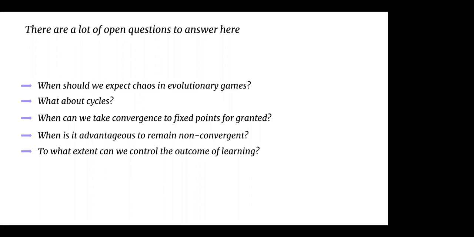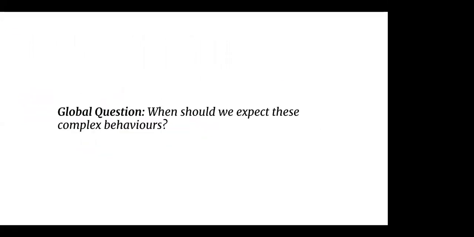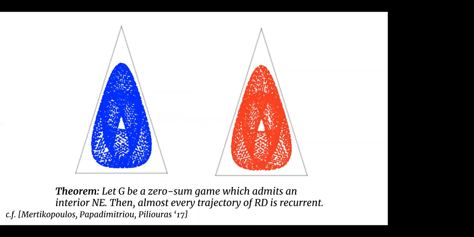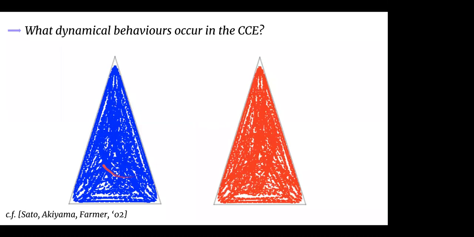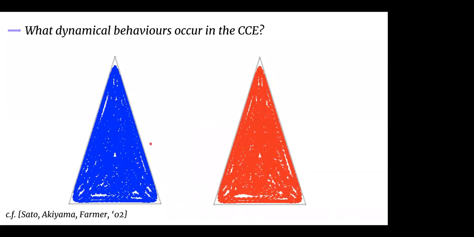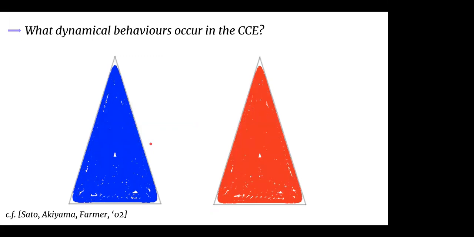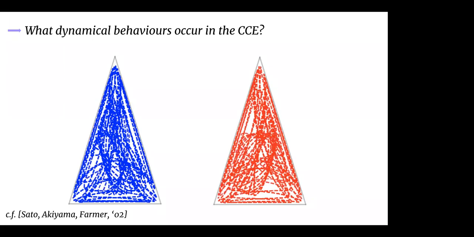And we know that under different games, under different utility functions, the behavior of replicator is different. For example, we looked at the rock, paper, scissors game and it had this recurrent behavior. But as I said, if I slightly perturb the game from rock, paper, scissors, we get chaos.